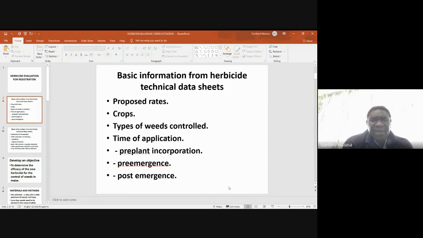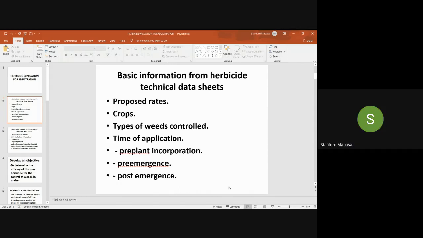Is it a pre-plant incorporated herbicide, that is applying the herbicide before planting the crop? Is it a pre-emergence herbicide, applying the herbicide on the soil surface soon after planting? Is it a post-emergence herbicide, that is applying the herbicide when the crop has already emerged?